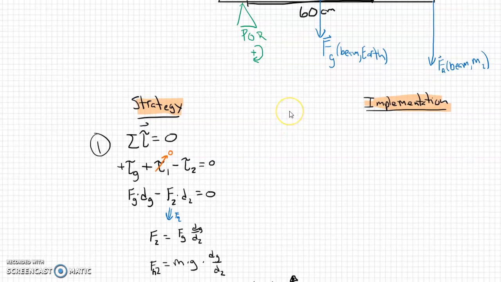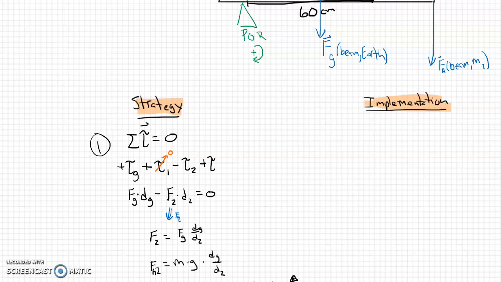The only thing we need to do now is include another torque, in the positive direction because it tends to produce a clockwise torque. I'm going to call that torque A, due to force A, and that has to now equal 0.